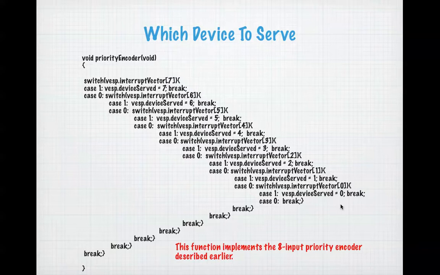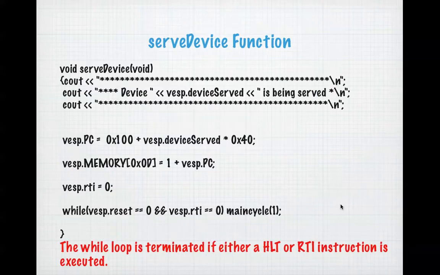So with these two functions in place, that is to say, which device to serve and what to do when the service comes, they constitute the main extensions to our VESP architecture. These two functions have to be part of our VESP now in order for us to handle interrupts, in the case of single level interrupts, of course.